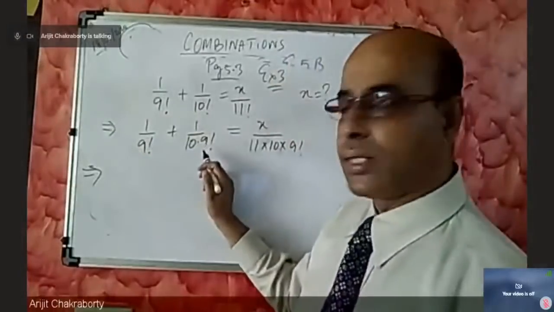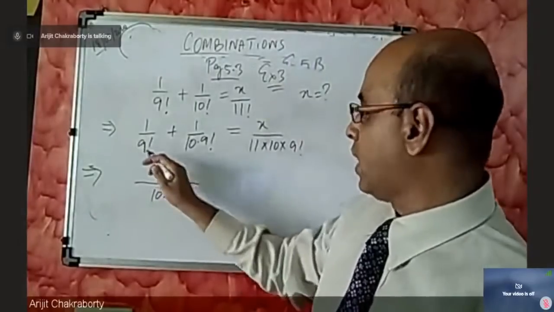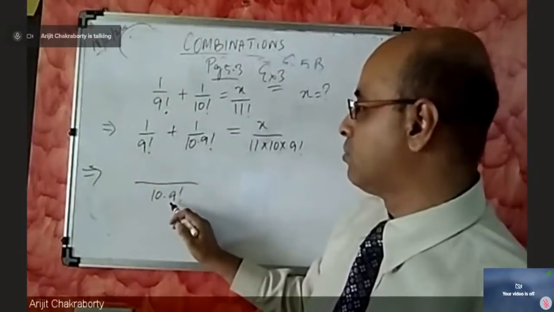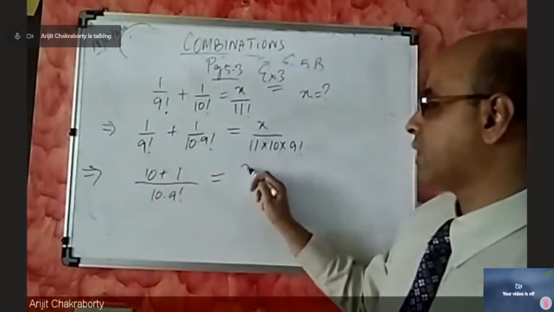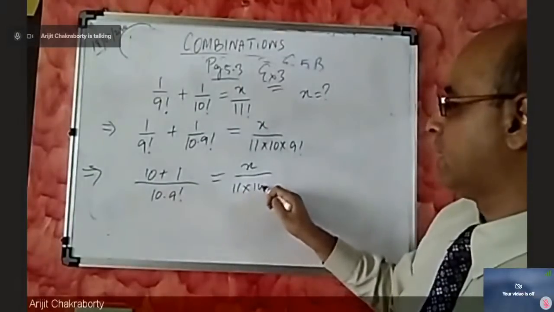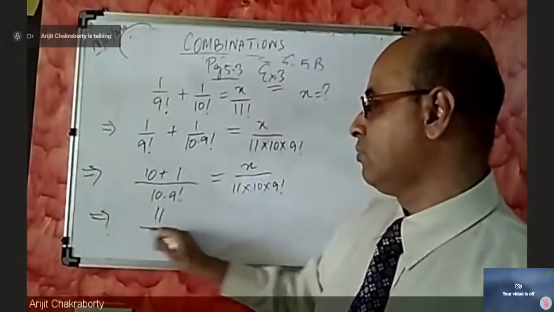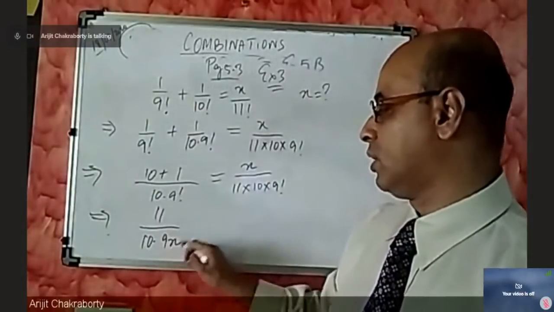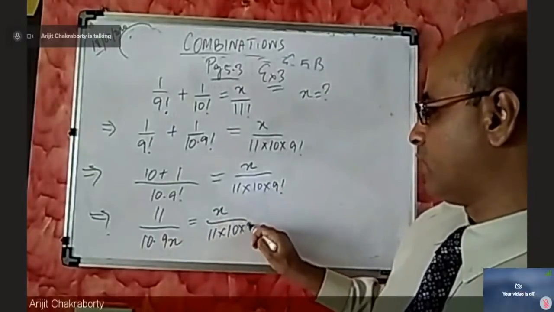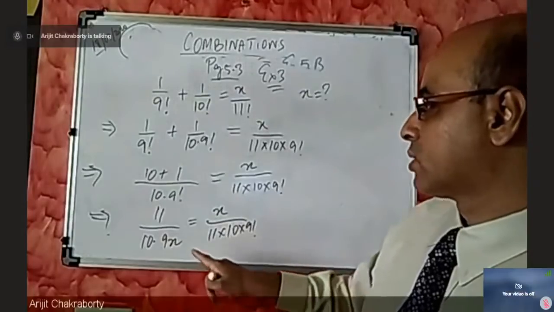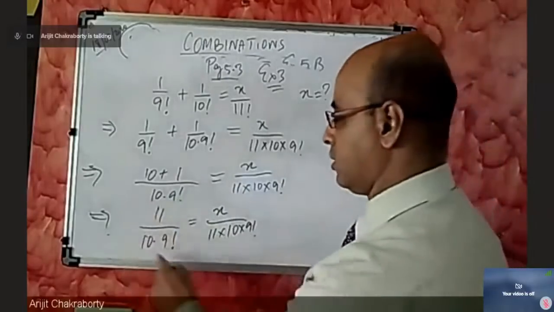So 9 factorial and 10 into 9 factorial. I'll take 10 into 9 factorial here. So it becomes 9 factorial, it will go 10 times, plus this is 1. And here we get x divided by 11 into 10 into 9 factorial. So this becomes 11 by 10 into 9 factorial, equal to x divided by 11 into 10 into 9 factorial.